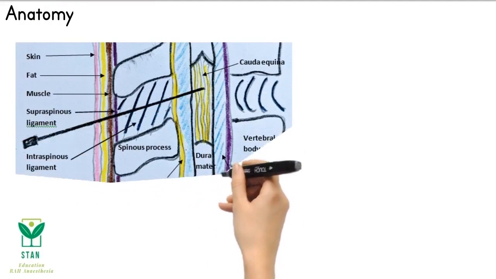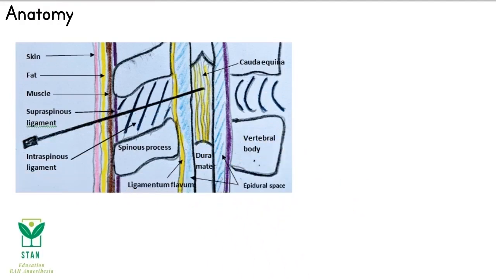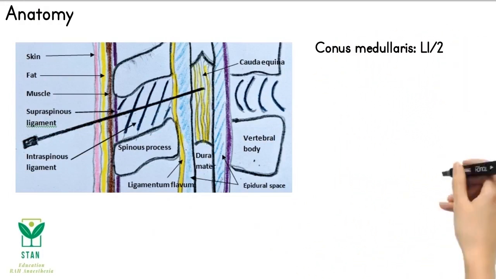Anatomy for spinal anaesthesia. Important things to note: the end of the spinal cord, known as the conus medullaris, ends at L1-2. Spinal needle insertion should be performed at L2-3 or below to avoid injuring the spinal cord.